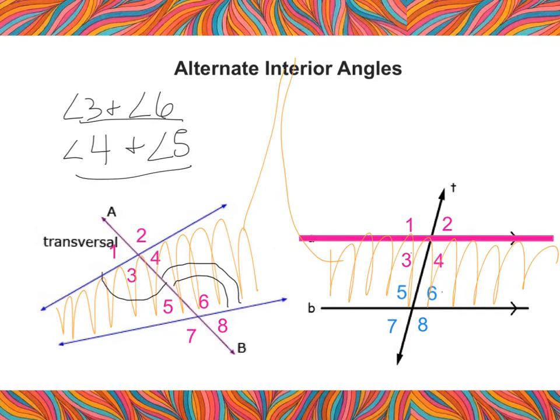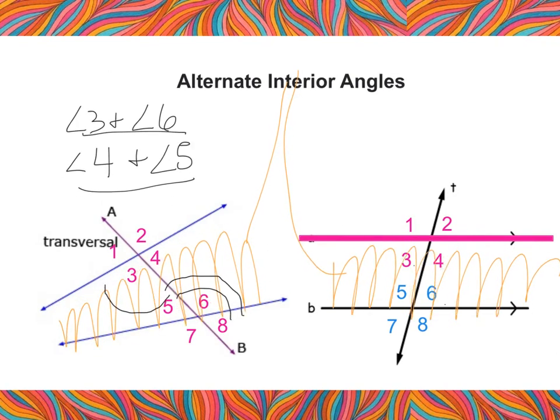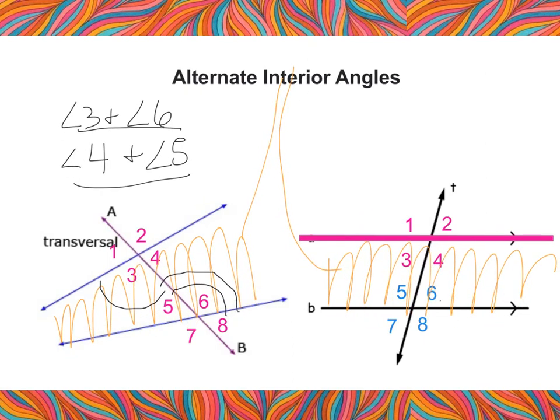But the thing that happens here, if we bring down, well, I don't know if this is going to work. It's not working for me right now. Sorry. If we were to bring angle 1 down, we said that angle 1 and 5 are congruent. And we know that angles 1 and 4 are vertical angles. So that also means that angles 1 and 4 are congruent.